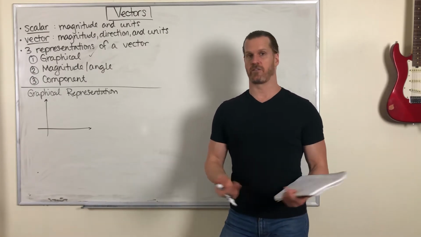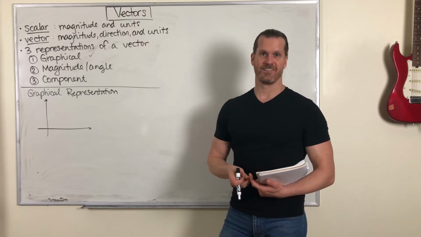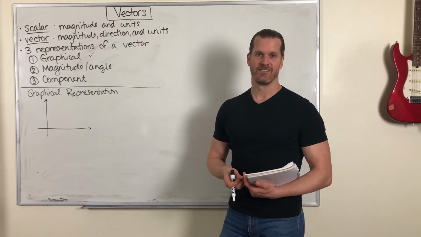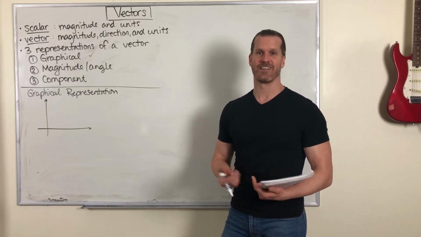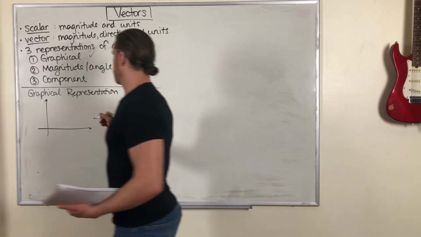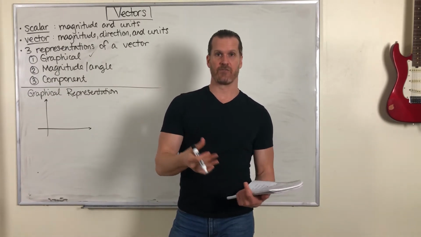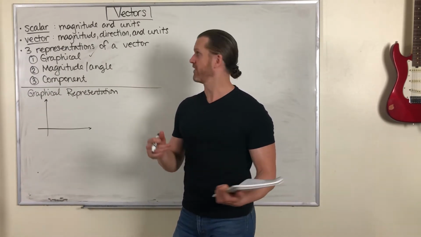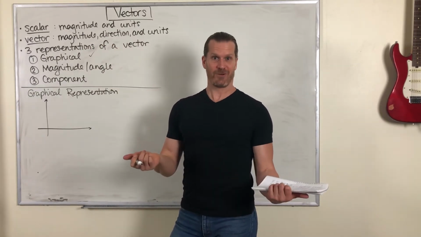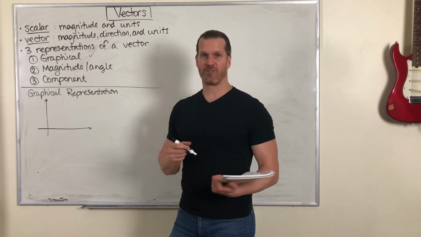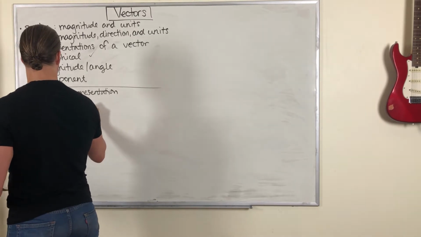Maybe it's 65 miles per hour east. You're driving on the 101 freeway from Woodland Hills to Encino. So what you need to do to represent that vector graphically is draw an arrow where the length represents the magnitude and the direction represents the direction. So if I'm driving 65 miles per hour east, my vector might look like this.